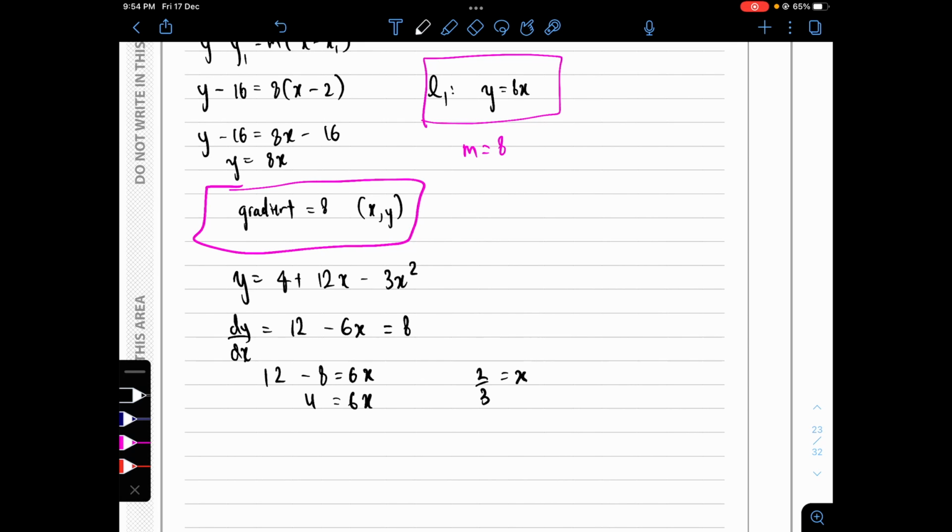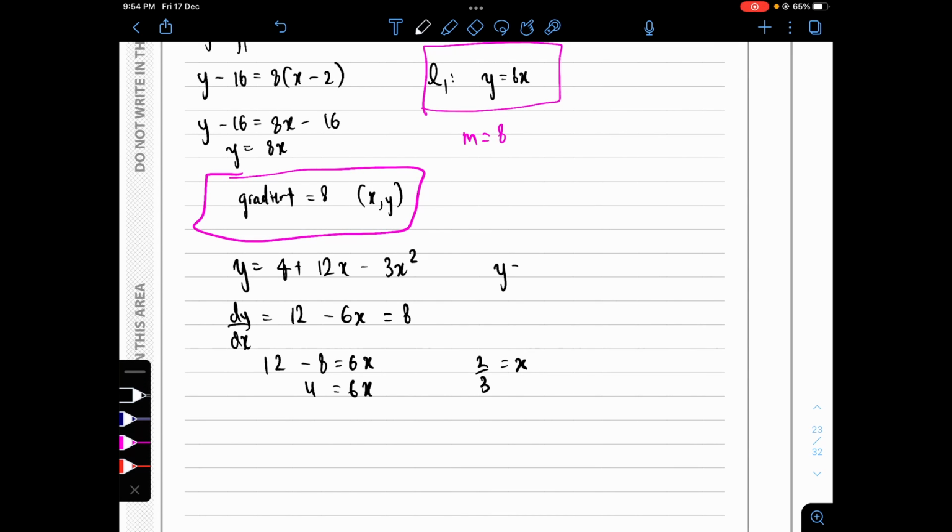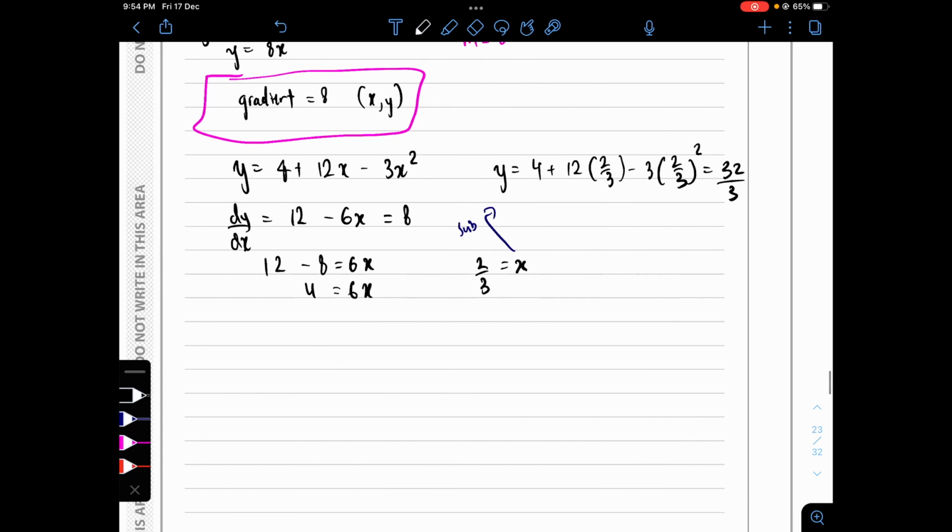Alright, let's find our y coordinate by substituting into our original function. So 4 plus 12 times 2 over 3 minus 3 times 2 over 3 squared. That will give us 32 over 3. Okay, so now we have the point of L2: 2 over 3 and 32 over 3.